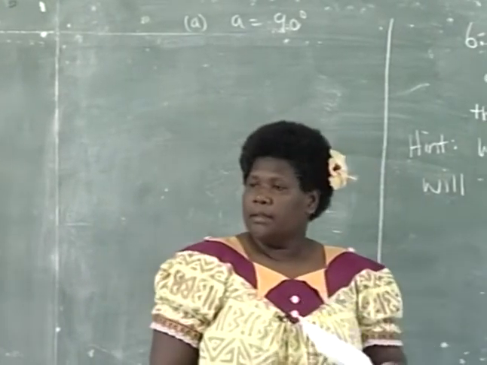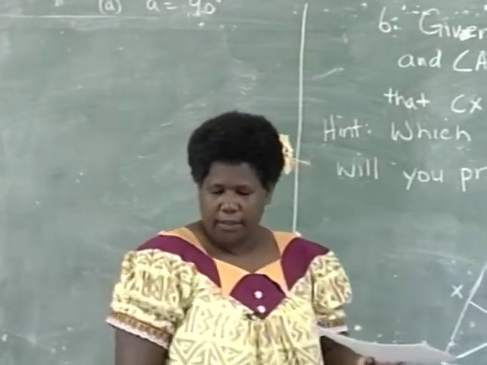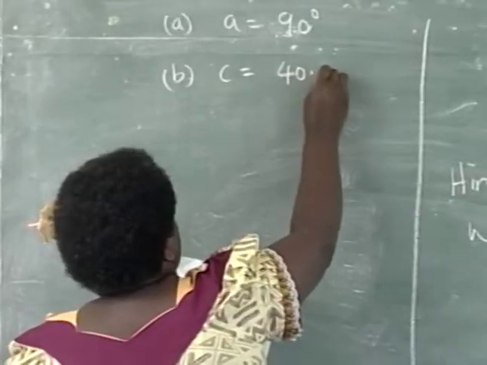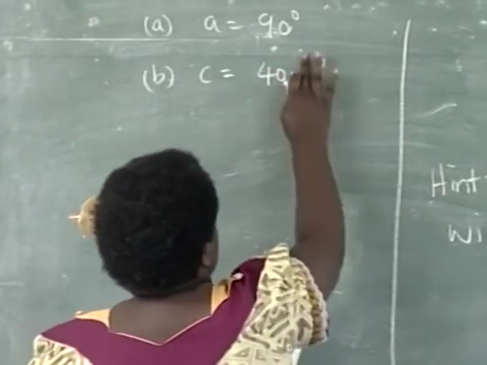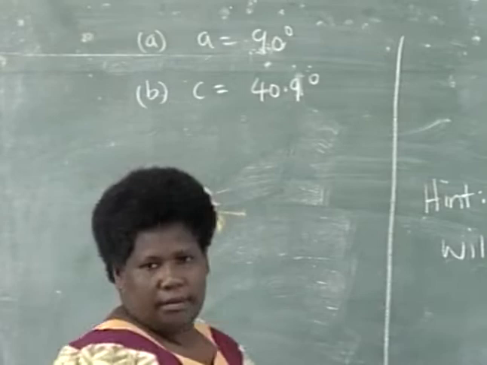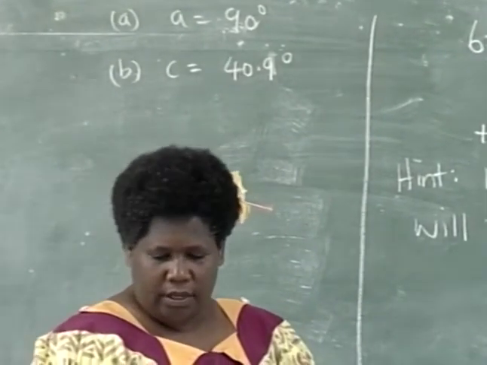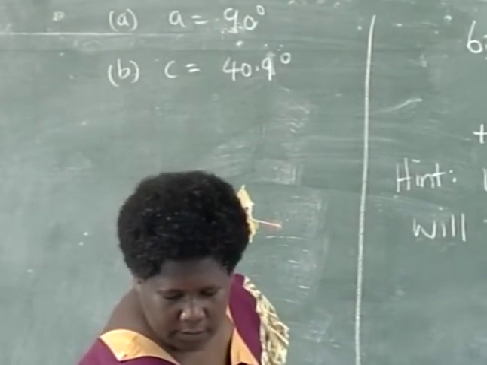Right angle triangle. Right angle triangle. Okay, good. Margaret, B? C equals 40.9 degrees. It is an acute angle triangle. An acute angle triangle or a scalene triangle. Good.